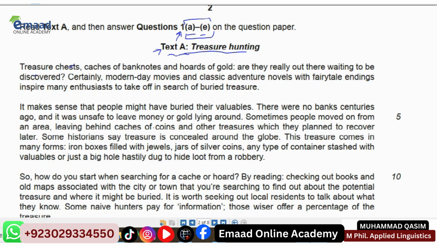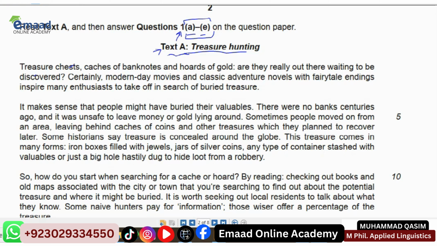There were no banks centuries ago, and it was unsafe to leave money or gold lying around. Sometimes people moved on from an area, leaving behind caches of coins and other treasures which they planned to recover later. Some historians say treasure is concealed around the globe. This treasure comes in many forms: iron boxes filled with jewels, jars of silver coins, any type of container stashed with valuables, or just a big hole hastily dug to hide loot from a robbery.